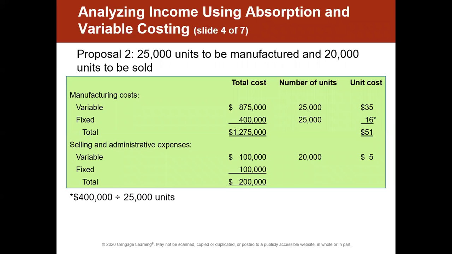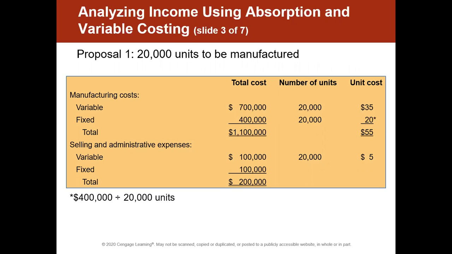With 25,000 units, our variable costs are still $35 a unit, but our fixed costs, because they're being divided by more units, actually are less per unit. Because fixed cost is fixed. It's not going to change by producing more. But our fixed cost per unit is going to drop as we produce more units, okay?